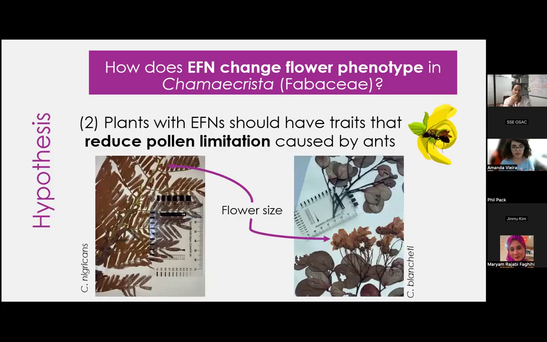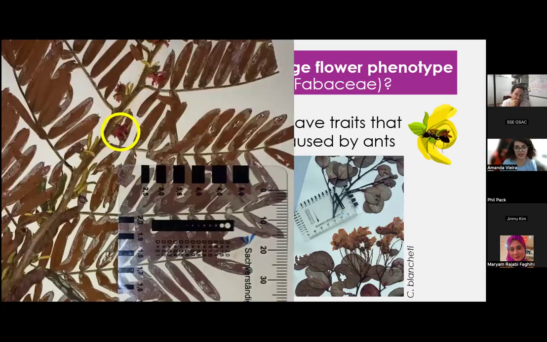For the second hypothesis, we have plants with extrafloral nectaries that have traits that reduce pollen limitation. So the predictions are related to flower size. There are some studies showing that larger flowers are less pollen limited than smaller flowers. And because I think it's a little bit hard to see the size of the Chamaecrista nigricans flower on your left, I'm going to zoom in.